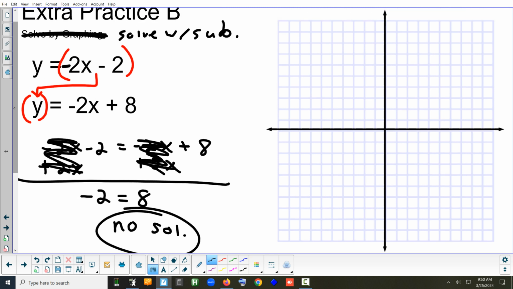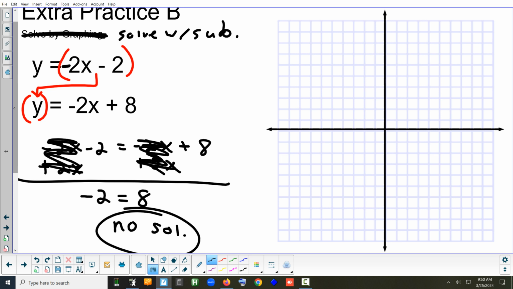Now, look at the two original lines. What's the slope of the top one? Negative 2. And what's the slope of the bottom one? Negative 2. How do those two slopes compare? They're the same.